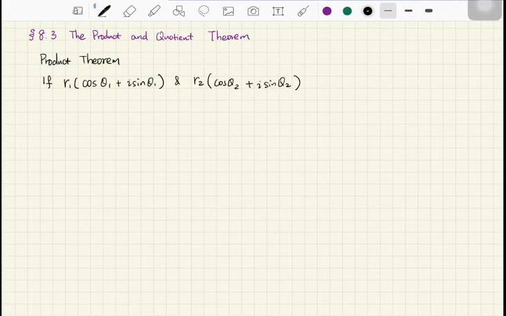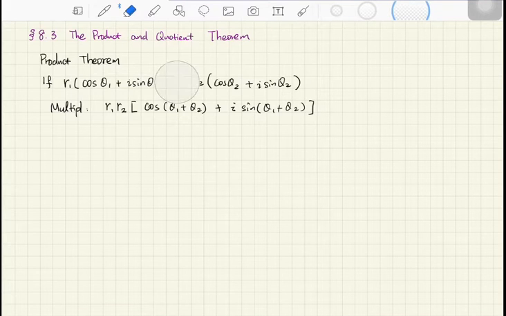So r1, r2 are two different radii, theta 1, theta 2 are two different angles. Then when I multiply them, I will have r1 times r2 multiplied by cosine of theta 1 plus theta 2 plus i times sine of theta 1 plus theta 2.